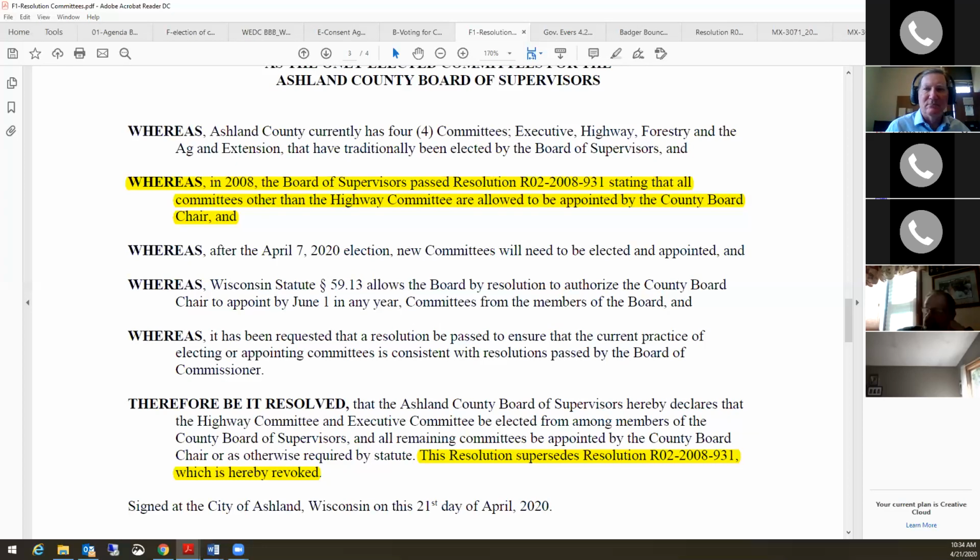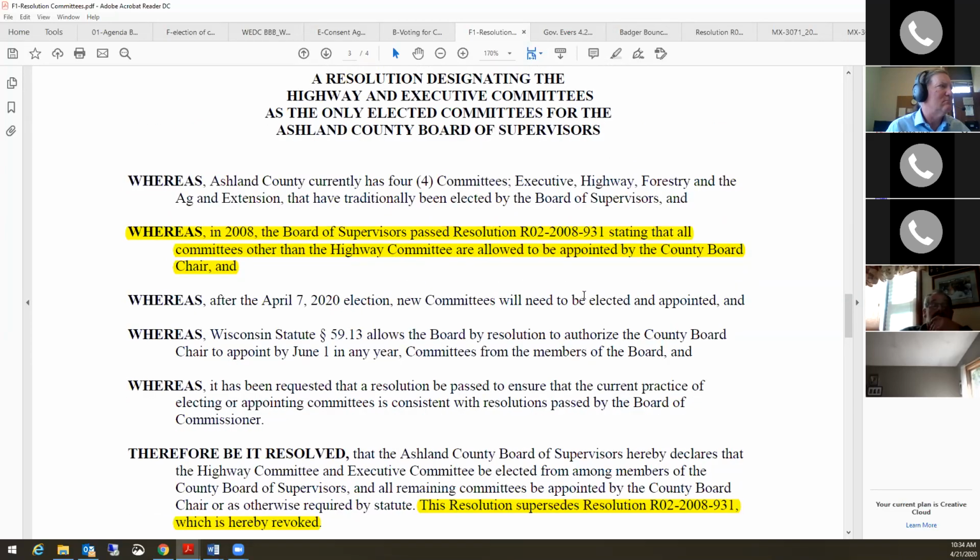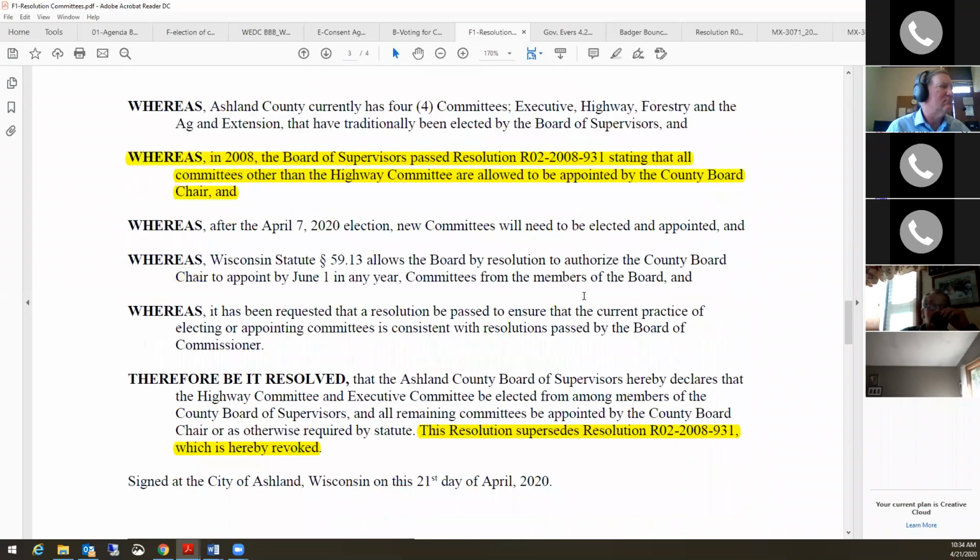Laura Negro, I have a question. If we pull out the 2008 material, what exactly does the resolution say now? Because it still looks like we go back to the four committees being elected. No, what would happen is you look at the therefore be it resolved paragraph.